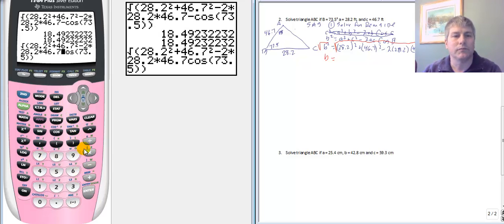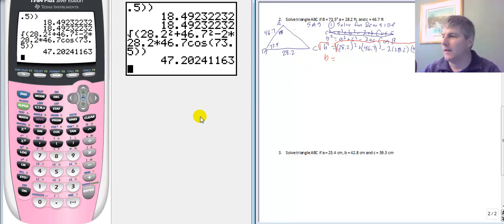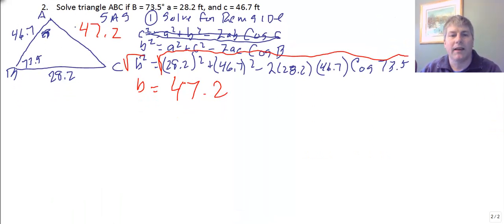Take that out. And now enter. And now I've got the correct answer, 47.20. So inputting everything correctly into my calculator, I get 47.2 for the length of side B. And we are set.